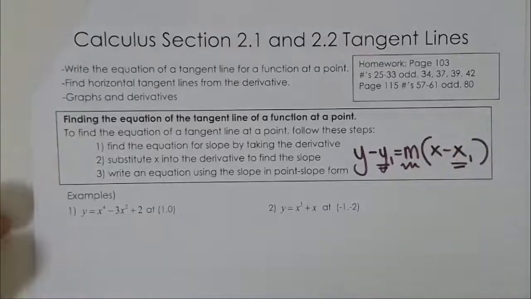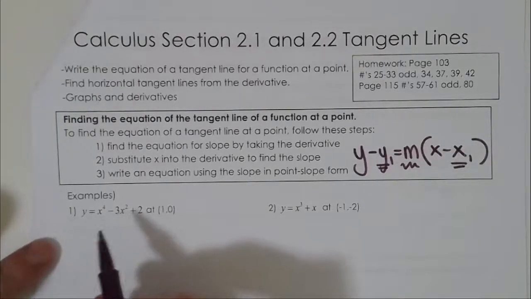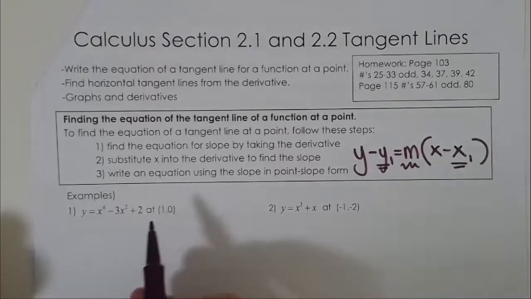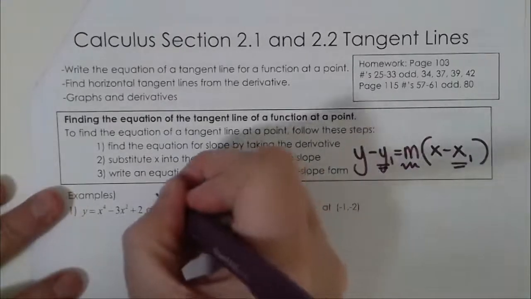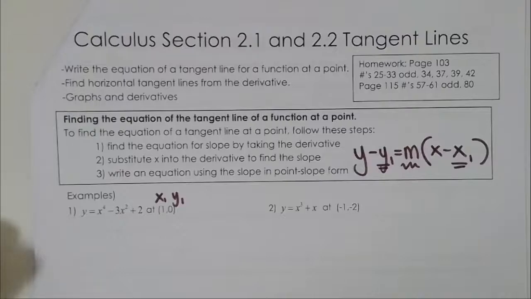So this first example has a fourth degree polynomial, and they want to know what is the tangent line at the point (1, 0). So we have x1 and we have y1. We need the slope. Well, slope is our derivative.